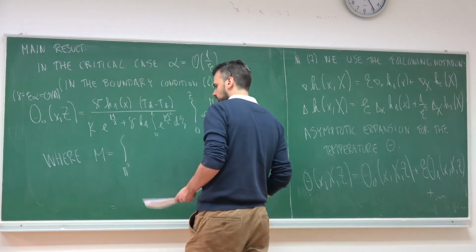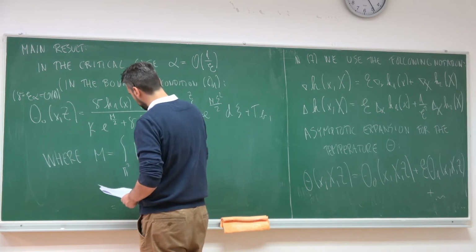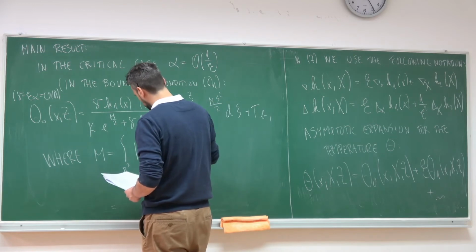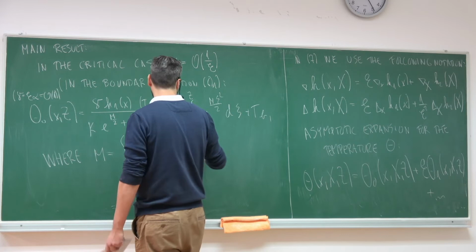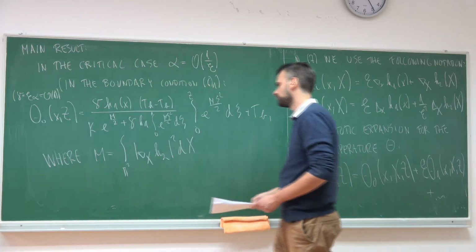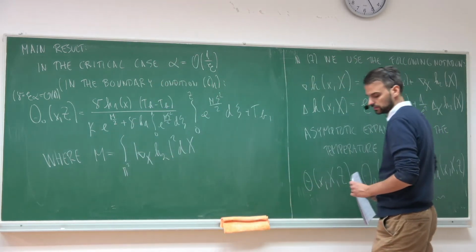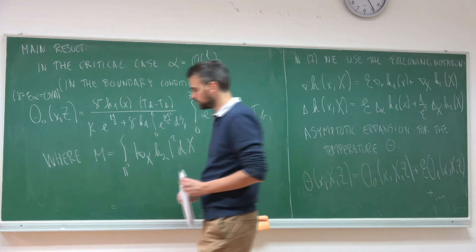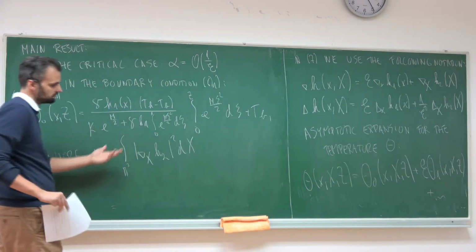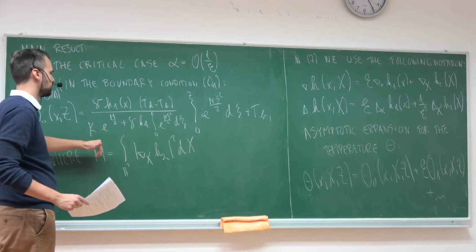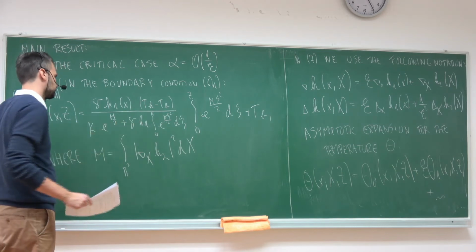It's given as the integral over the two-dimensional torus of the gradient of x h2 dx. So you have the effects of h2, of the boundary rugosity, in m, in some sense, and this m appears here.